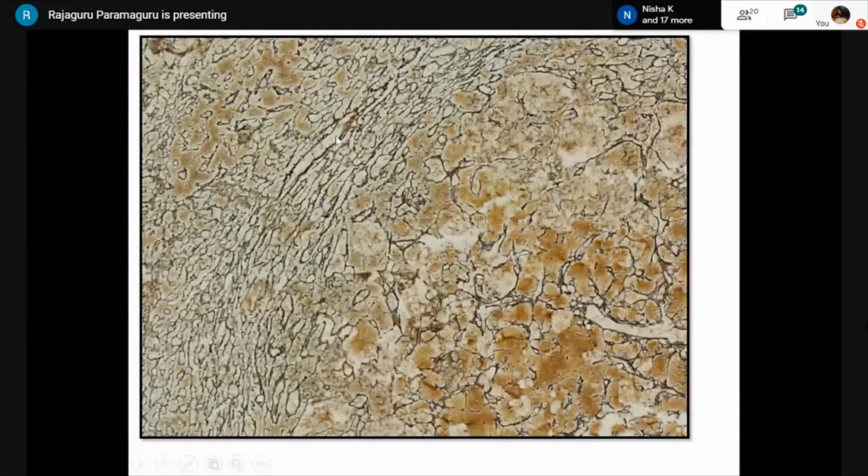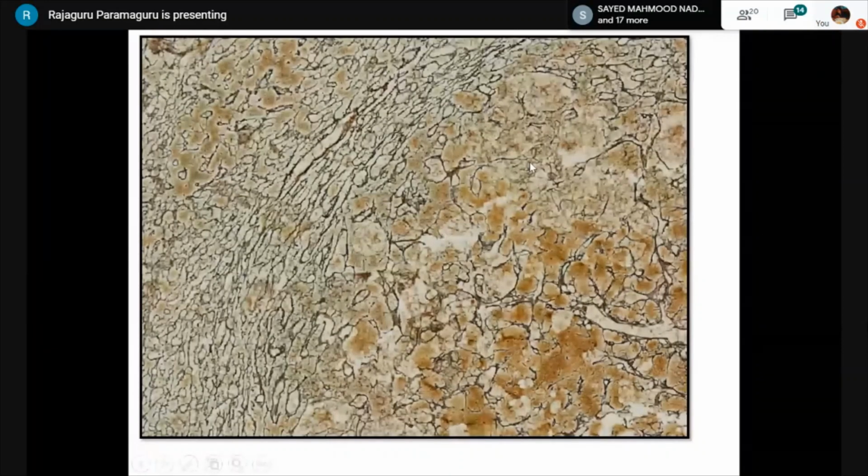But here there will be no fibrosis, no collapse. Please compare the reticulin pattern over here and here. This is the atrophic area of the hepatocytes, where it is just being compressed between these two vague nodularities of the hepatocytes.